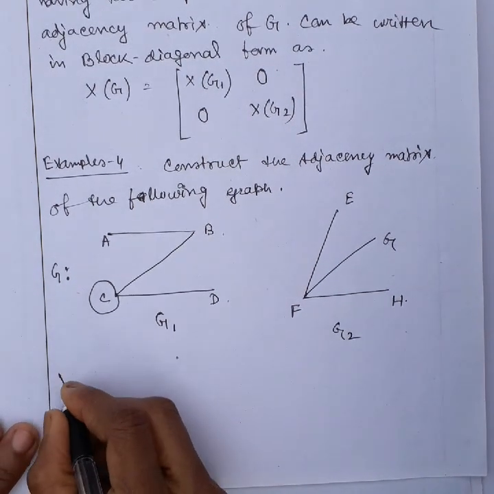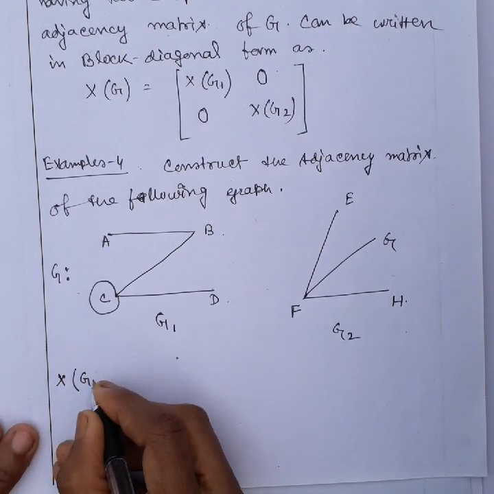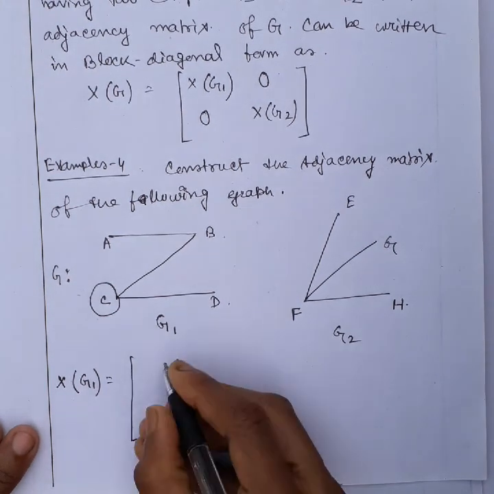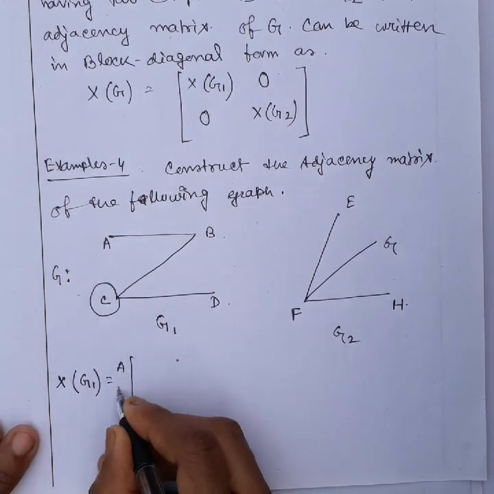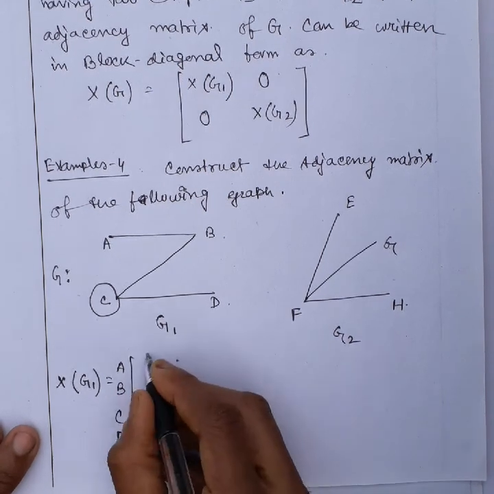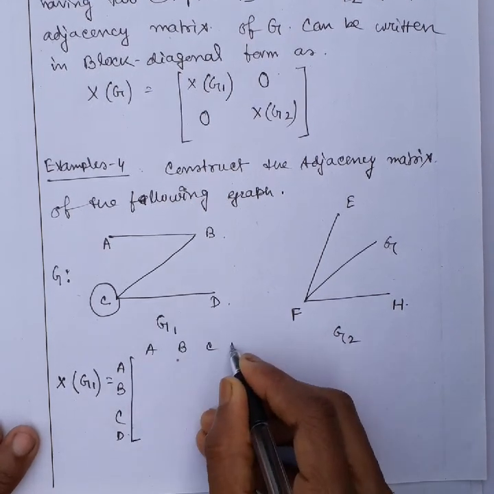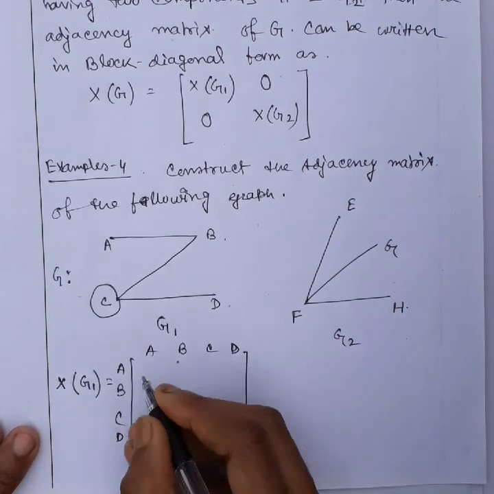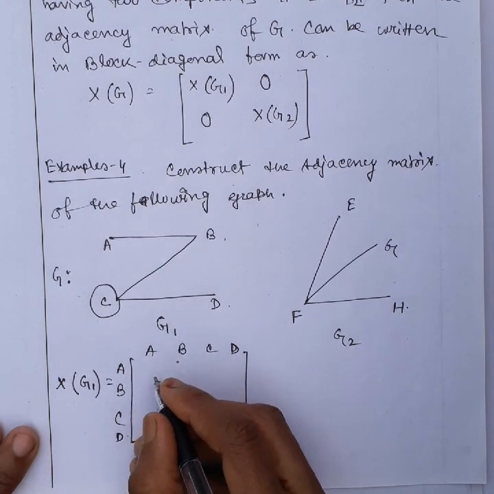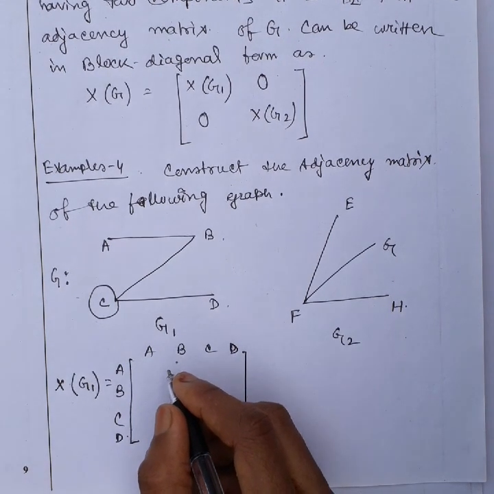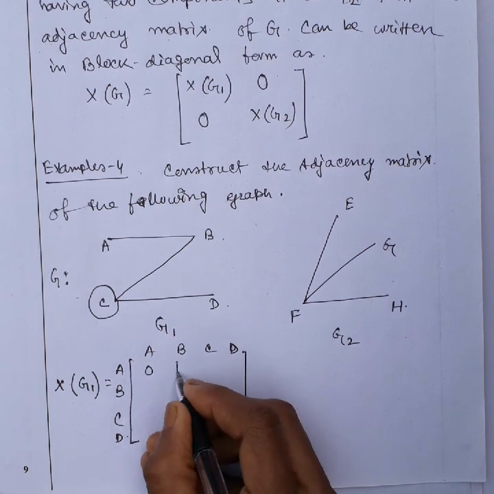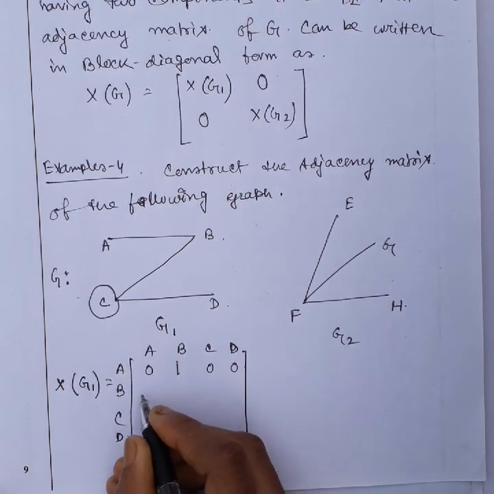So first we have to find out the adjacency matrix of G1. As there are 4 vertices, it is a 4 by 4 square matrix. Now A is connected to B, so this one.